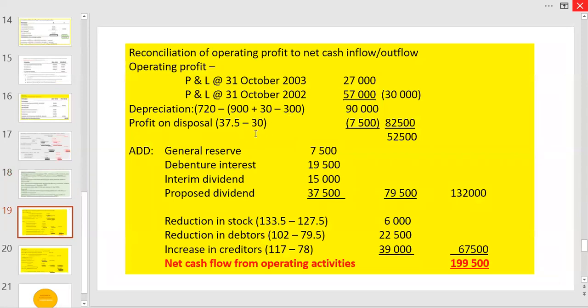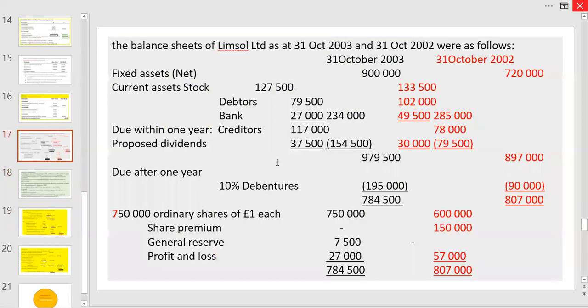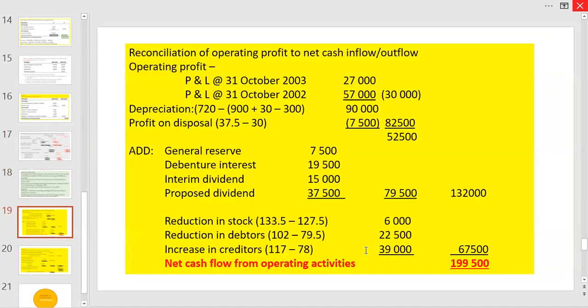Next, if you look at the general reserve of 7,500, the proposed dividends of 37,500, these are provisions, no cash involved. Therefore, it is added. Debenture interest of 19.5, interim dividend of 15 were added here but deducted again from the other side of the cash flow statement.